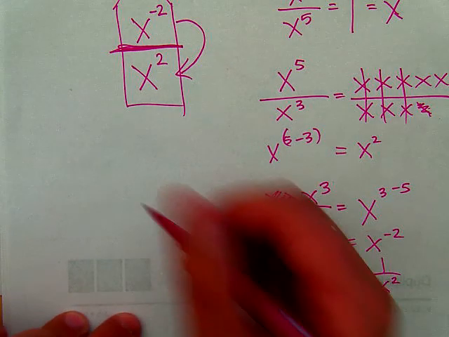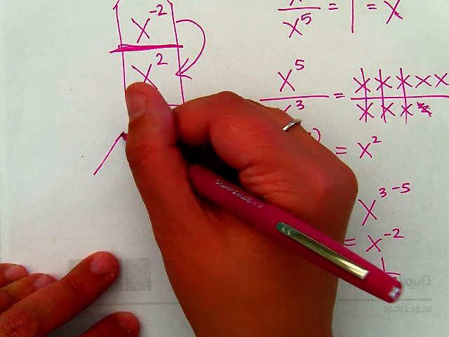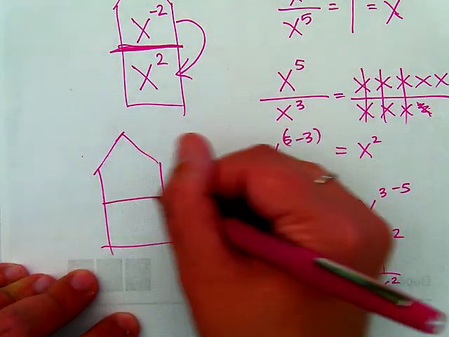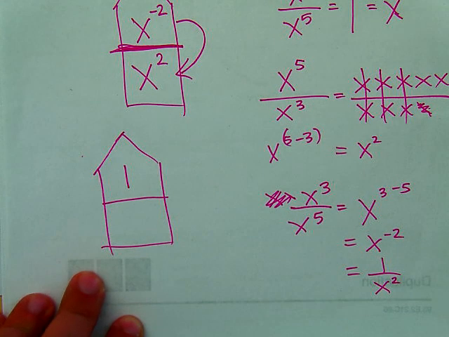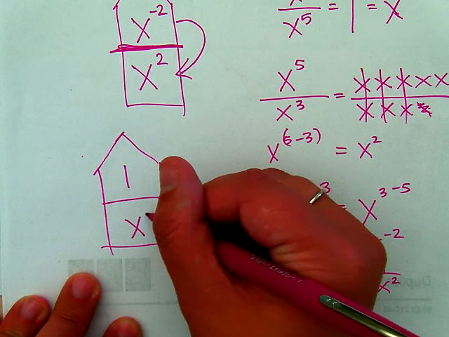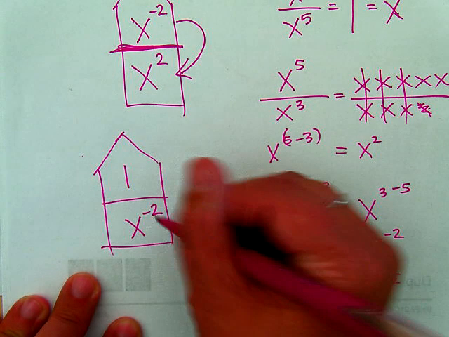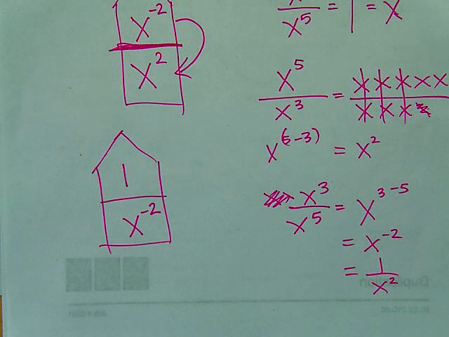If I have a negative in the denominator, okay, I'm going to do my little house example again. I don't have anyone, I actually just have 1 living alone upstairs. I have a fraction. I have x to the -2 in the denominator. They're living downstairs. It's too cold for them downstairs. They're not getting enough light. They're going to move out. What do I do to retain my tenant?